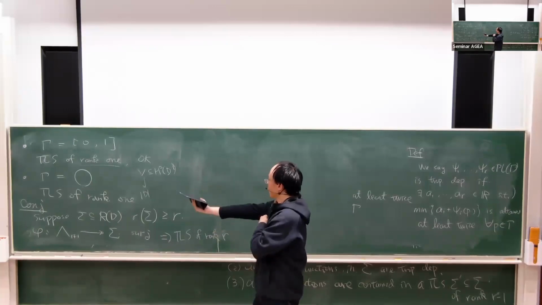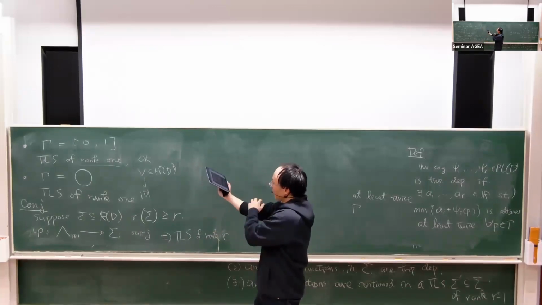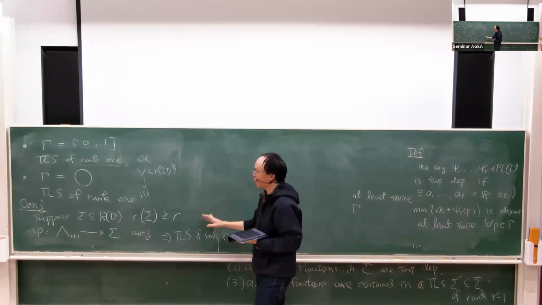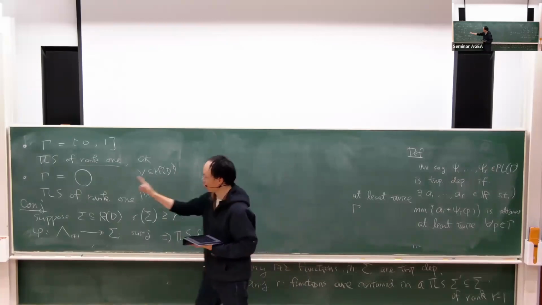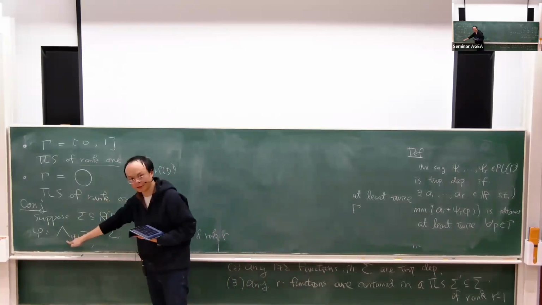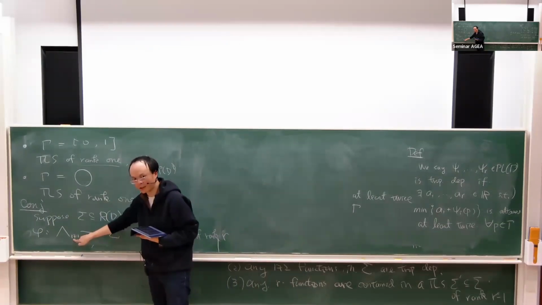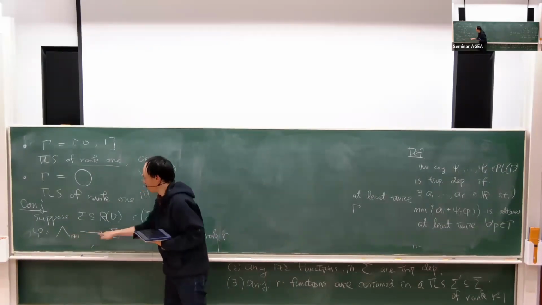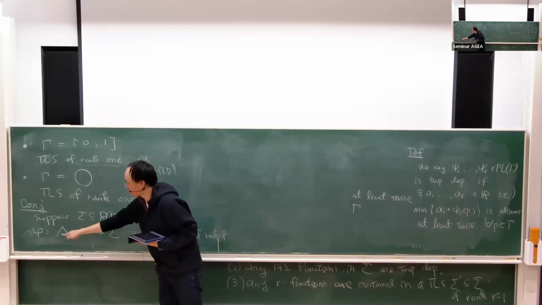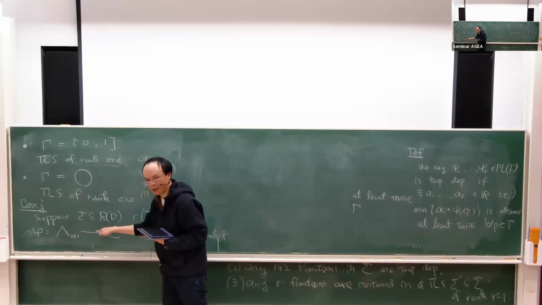So this conjecture is about how to produce tropical linear series. The way we produce the tropical linear series is that we start with a tropical linear space, which has the given dimension plus 1, and we consider the image of some tropical linear map.